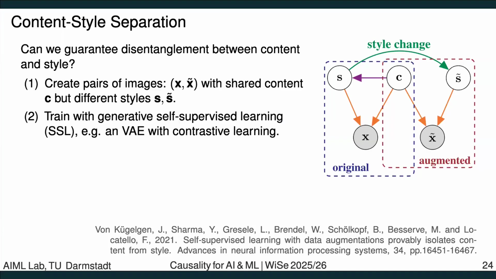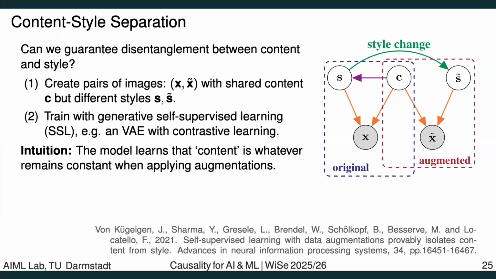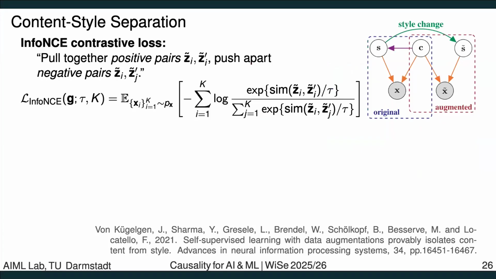So then what you can do is apply a sort of contrastive learning, which usually is a sort of loss function that tries to pull together images of the same class or the same type and pull apart images that differ.